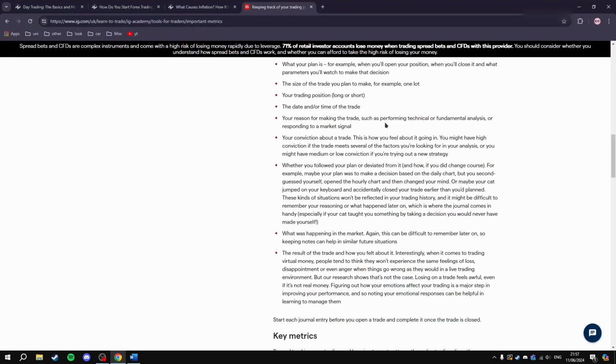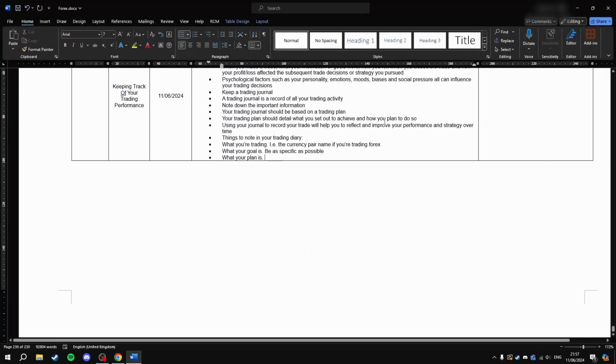What your plan is. For example, when you open your position, when you'll close it, and what parameters you'll watch to make that decision.